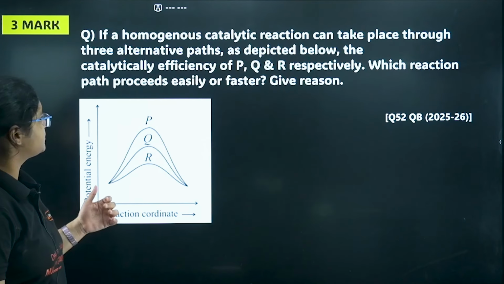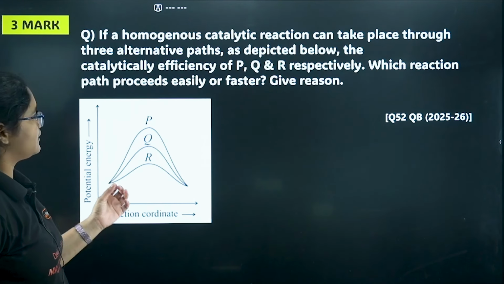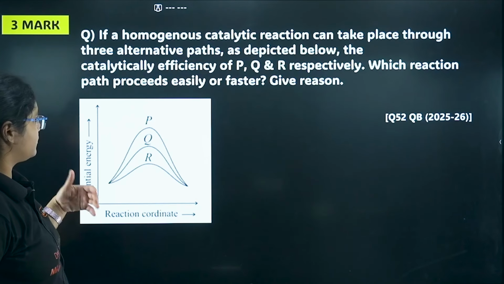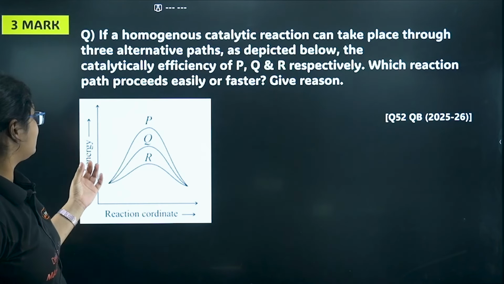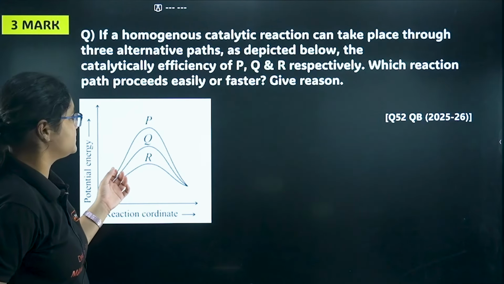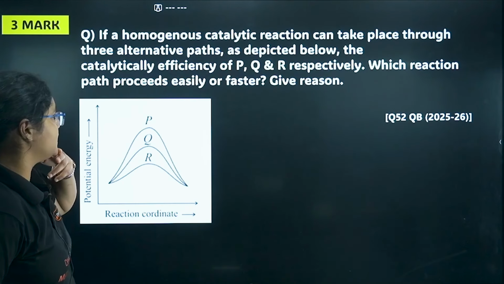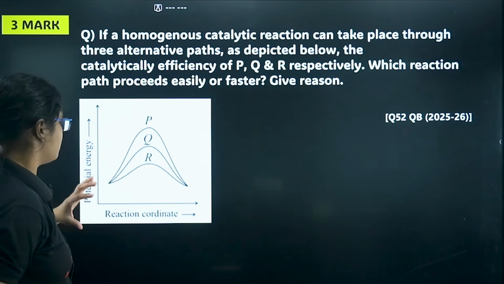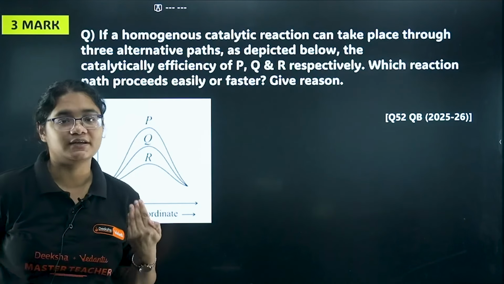Next, we will go to the 3-marker questions. If a homogeneous catalytic reaction can take place through 3 alternative paths as depicted below, with catalytic efficiency of P, Q, R respectively, which reaction path proceeds easily or faster? Give reason. See, wherever you have less activation energy, that will proceed faster.